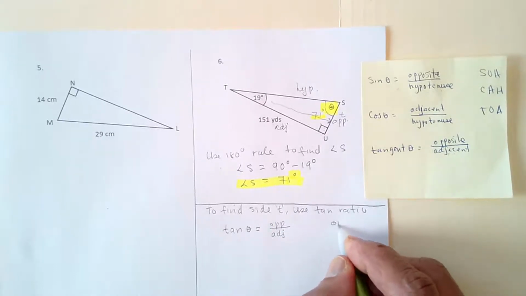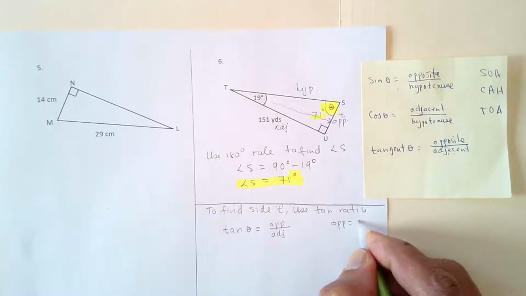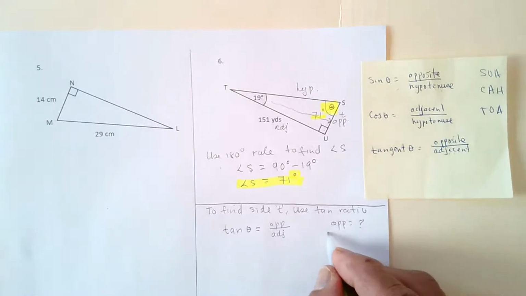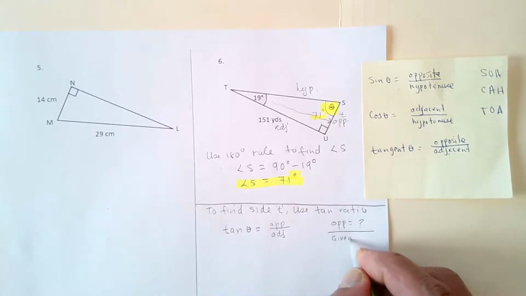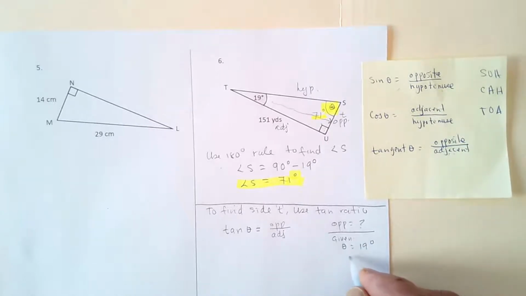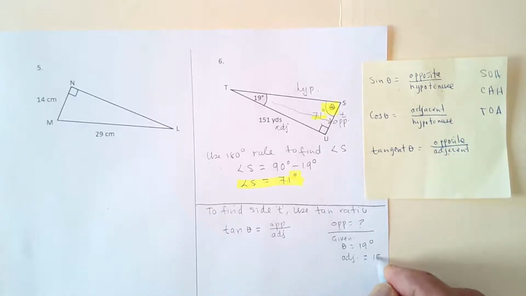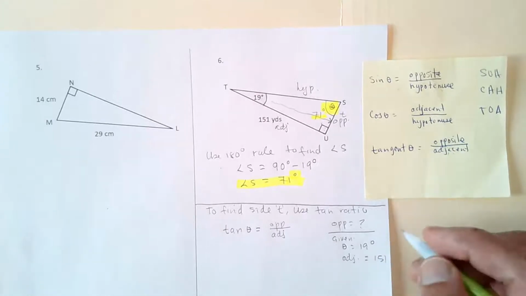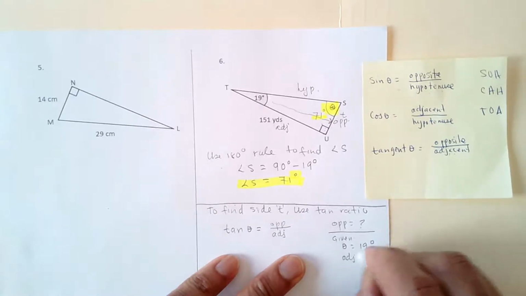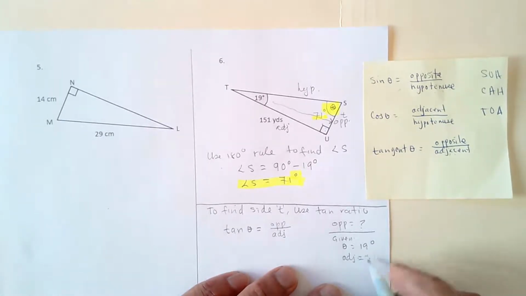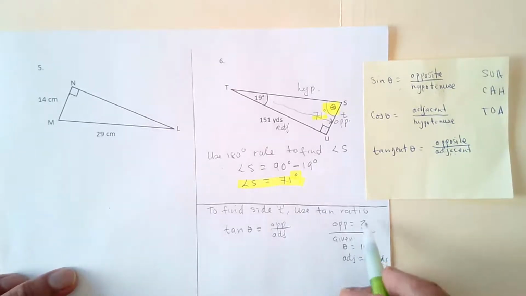We're given the opposite, which is equal to, we don't know what that is, and so we need to find that. We're given theta, which is 19 degrees, and we're given the adjacent side, which is equal to 151, in this case, yards. Running out of space here. So equals 151 yards.